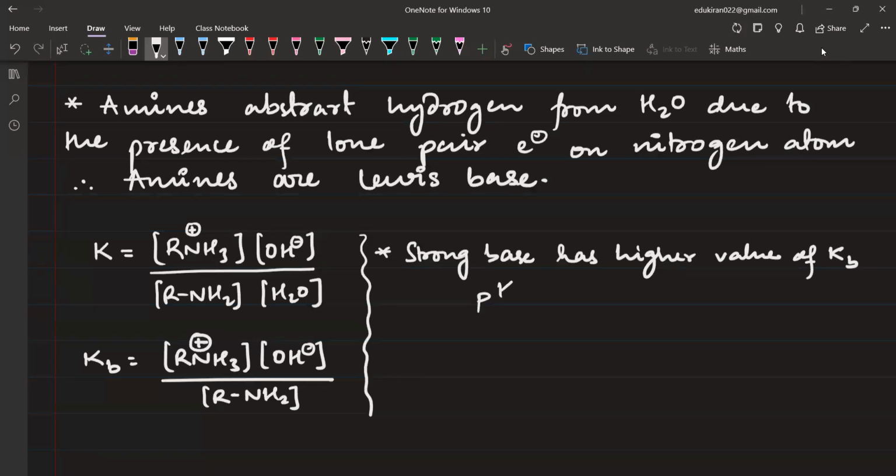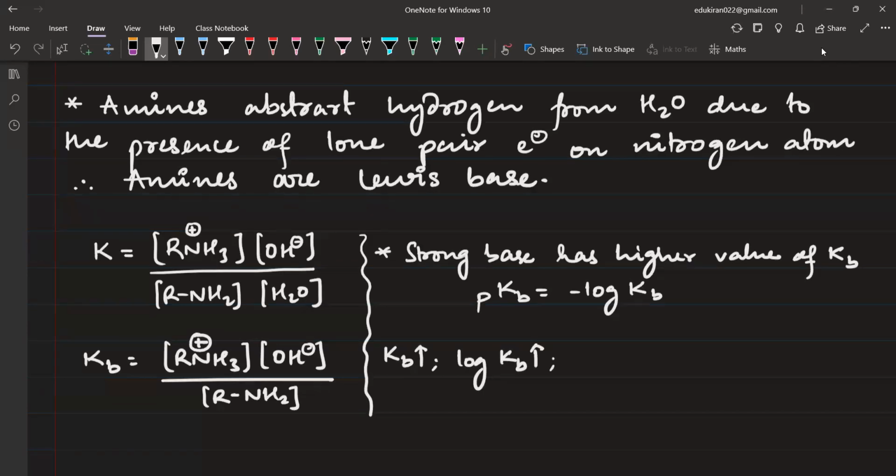And pKb means the power of Kb. P means minus log of Kb. So for a strong base, Kb is high, and since Kb is high, the log of Kb will also be high.